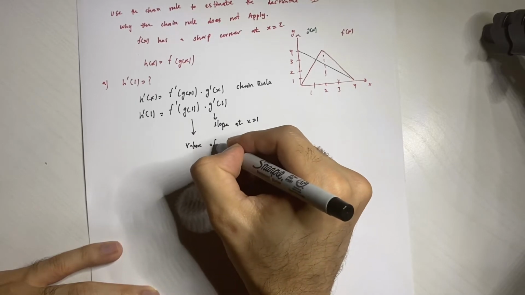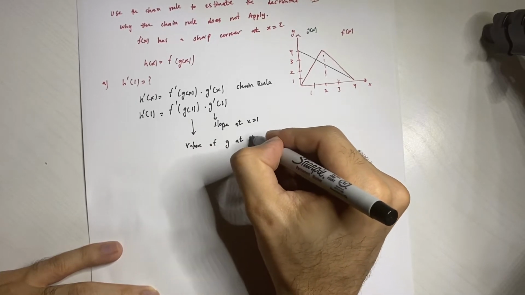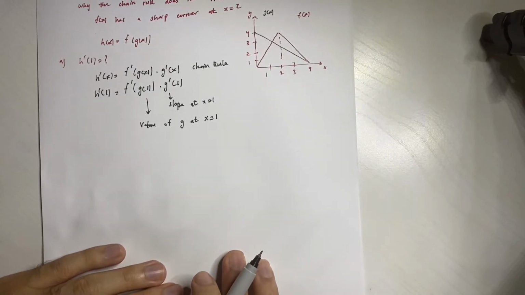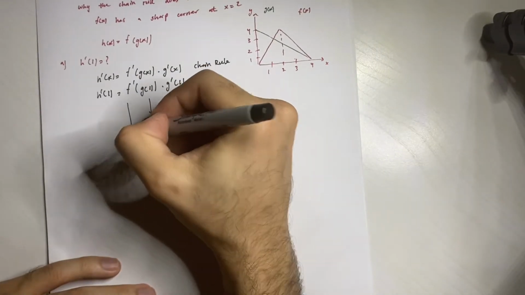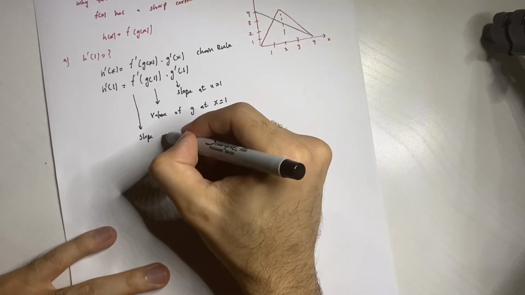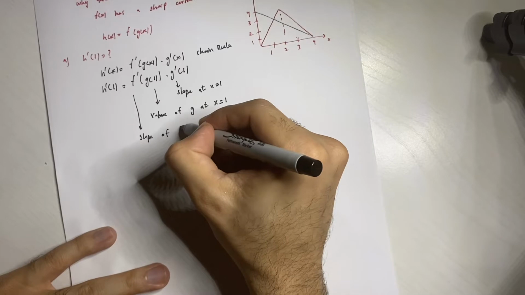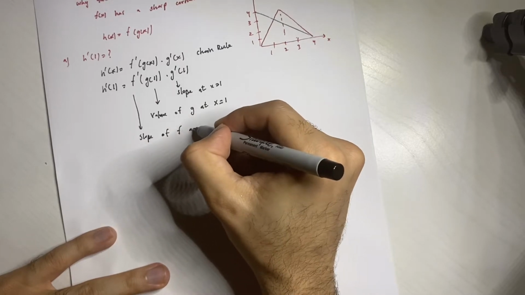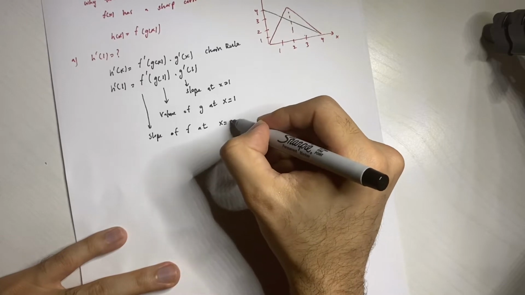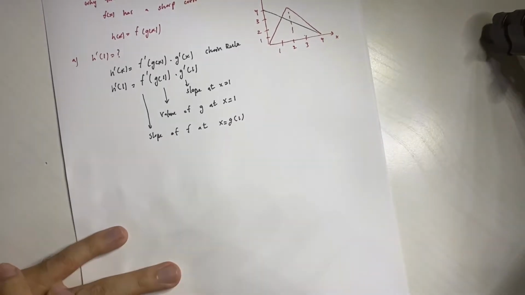Then g of 1 will be the value of the function g at x equal to 1. And then f prime is going to be the slope of the function f at x equal g of 1. Remember, the derivative is only the slope. That's the definition of the derivative.